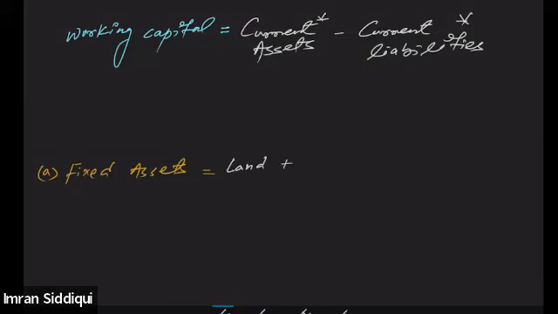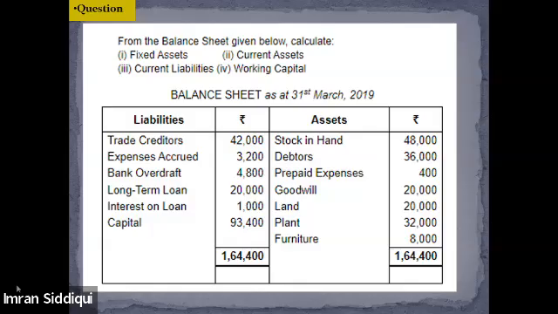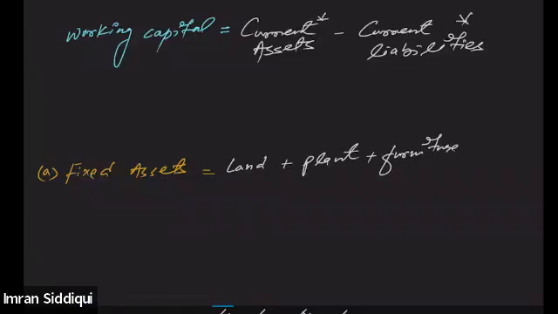Then the plant plus furnitures. And there's one more item that will be included in this category, which is, any guesses? Goodwill. Yes, goodwill will also be part of the fixed asset.